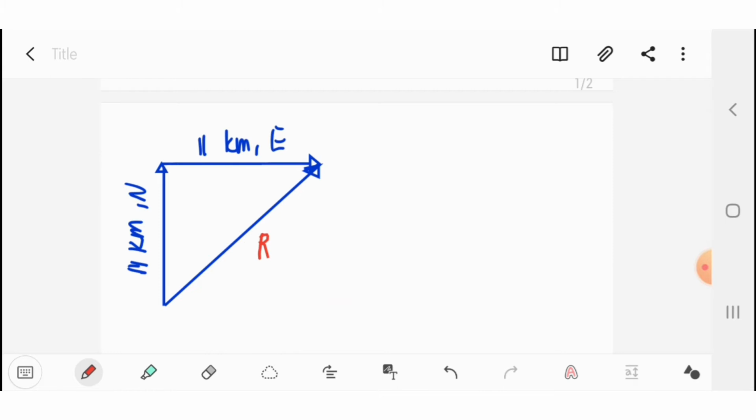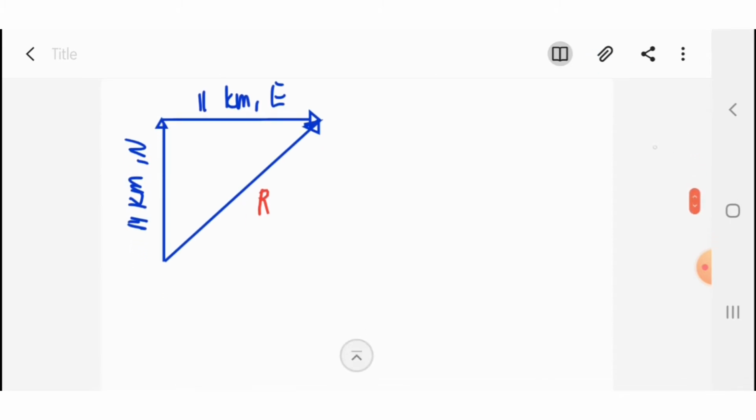Okay, now using the Pythagorean theorem, as you can see, this forms a right triangle.